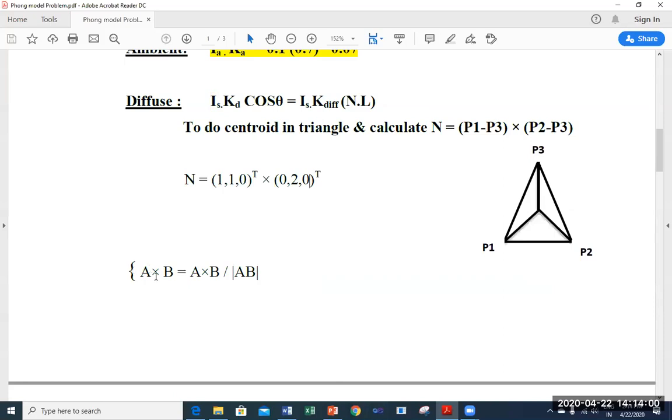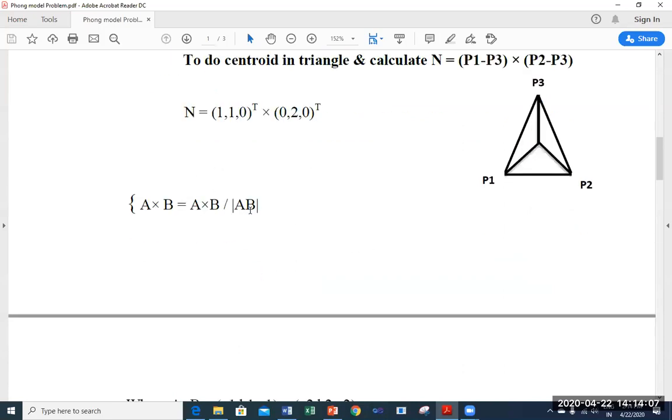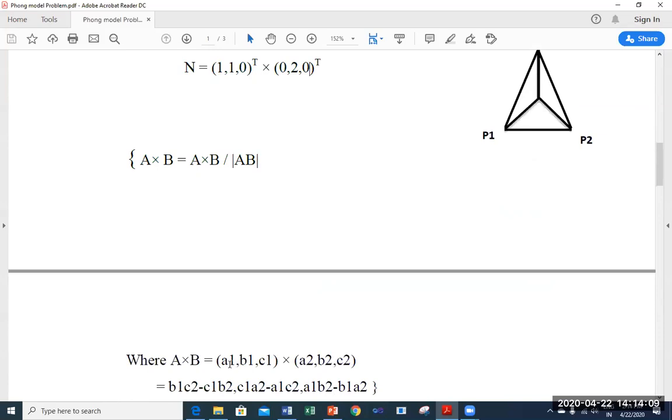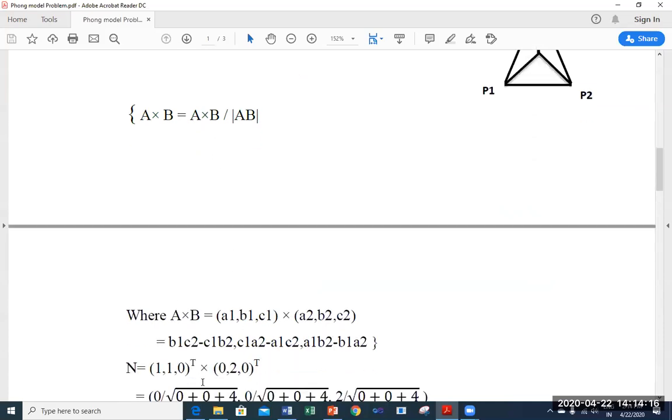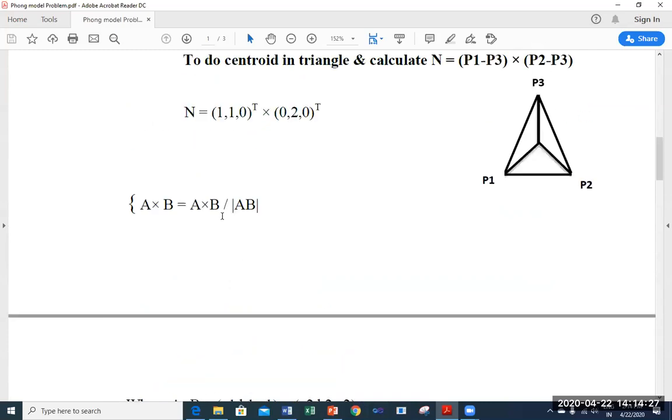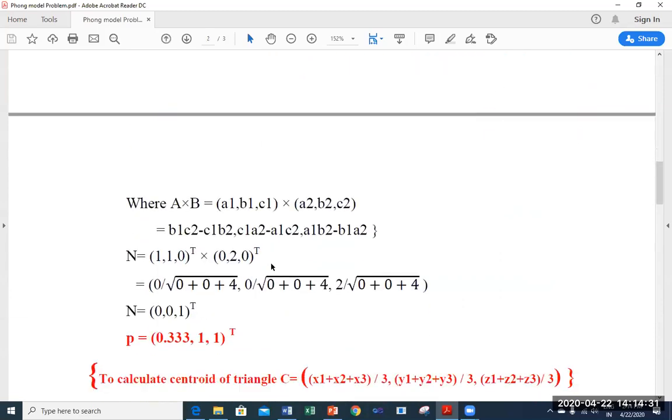The cross product, you can write A cross B divided by the modulus of A cross B. How will you write A cross B? For A1, B1, C1 cross A2, B2, C2, it is B1 C2 minus C1 B2, comma C1 A2 minus A1 C2, comma A1 B2 minus B1 A2, divided by the modulus of AB value, right?